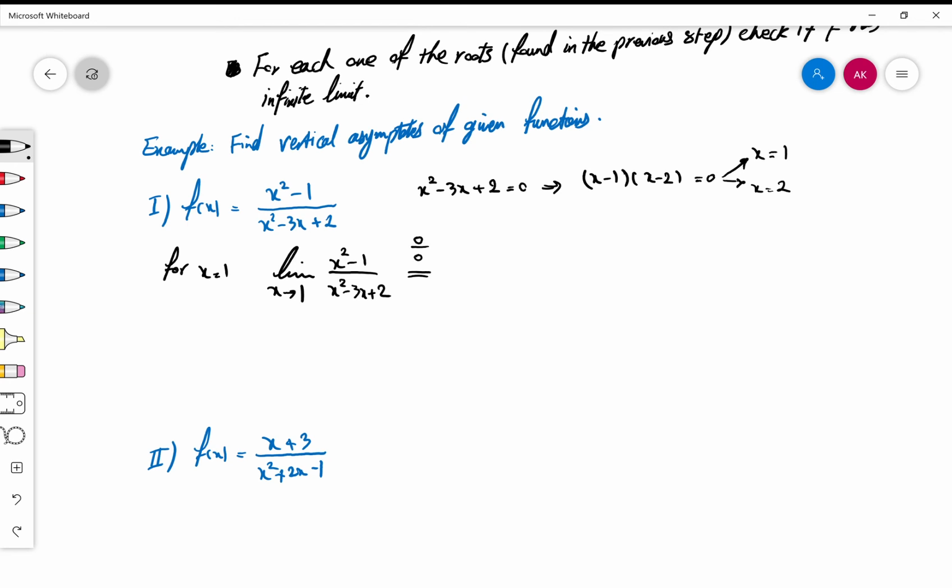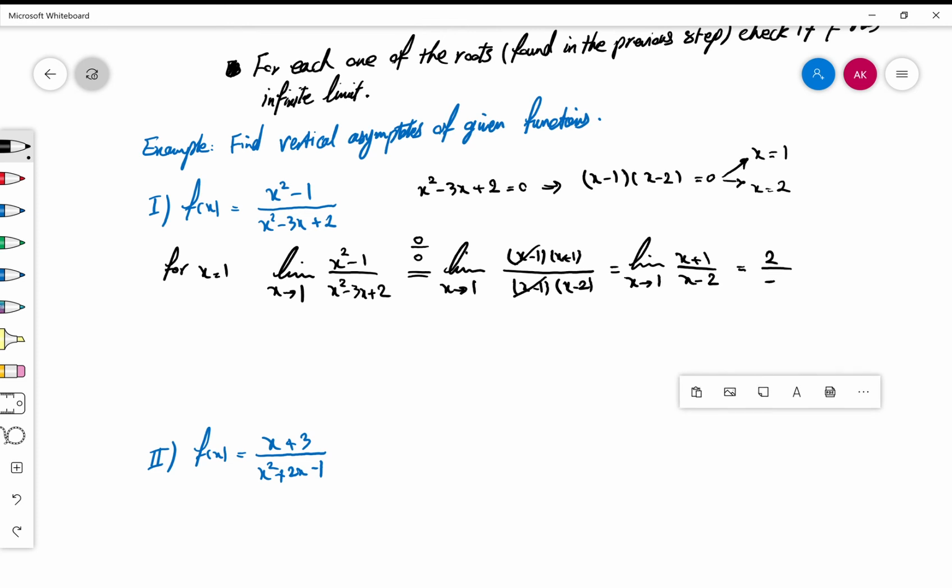Well, 0 over 0, you remember this is indeterminate form, and to be able to find the limit, we need to factor both numerator and denominator and cancel out the vanishing factors. The vanishing factors are x minus 1. So we find it and we get the limit of (x plus 1) over (x minus 2) as x goes to 1, and that is 2 over -1, and this is -2.